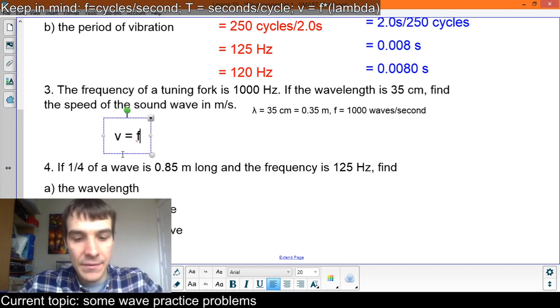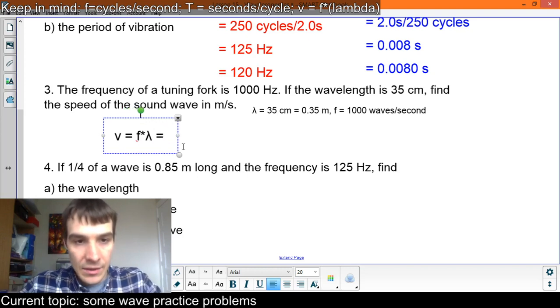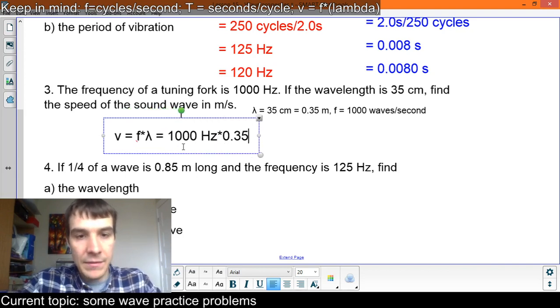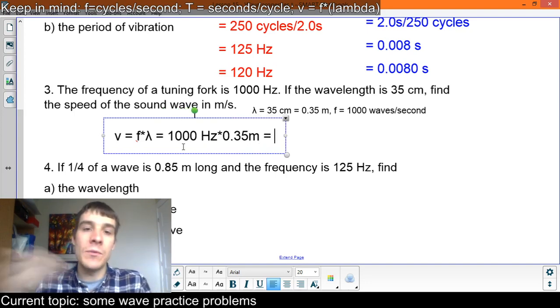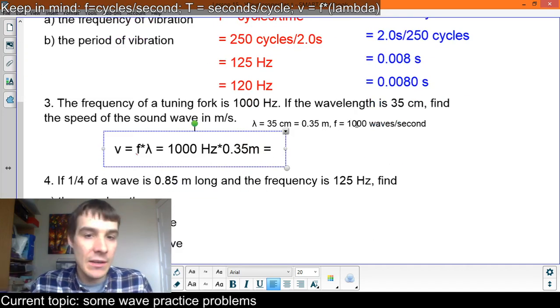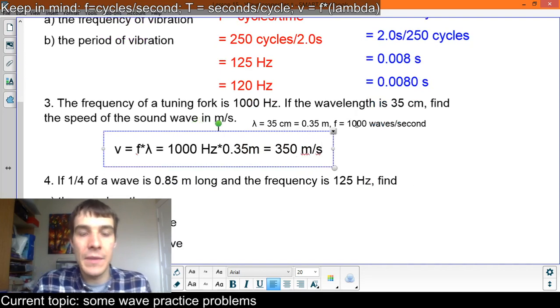V is F times lambda, which is frequency, 1,000 hertz, times 0.35 meters. Remember that a hertz is 1 over second, right? Hertz is 1 over seconds. So it's going to come out to meters a second, which means that it's 350 meters per second.